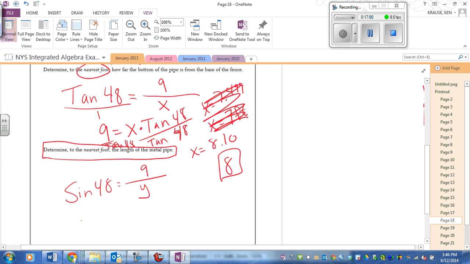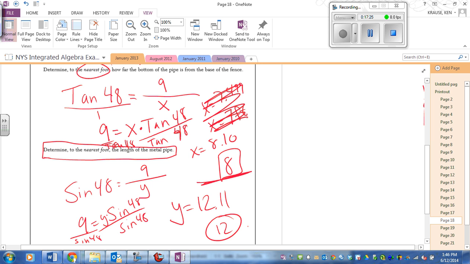Cross multiply: 9 equals y times sine 48. Divided by sine 48, I get y equals 12.11. So the answer is 12. Your two answers are 8 and 12.